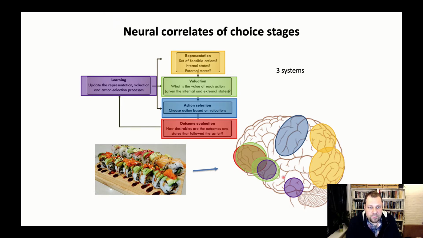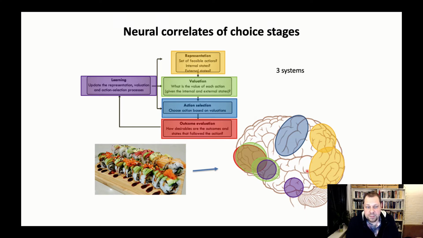So with these very simple steps, we already have a widespread activation within the brain that we can observe. And it's a relatively complex decision to make that involves many different parts of the brain.